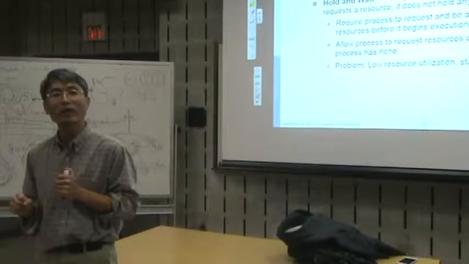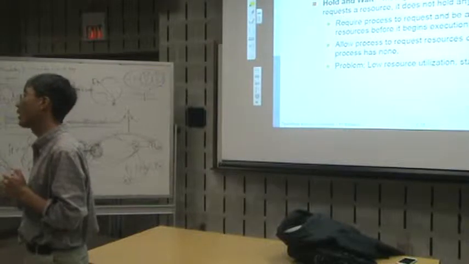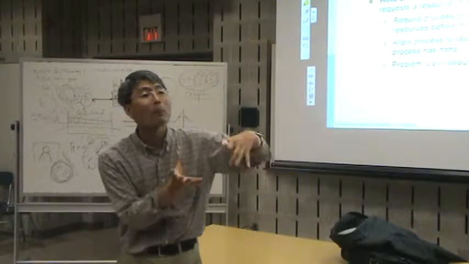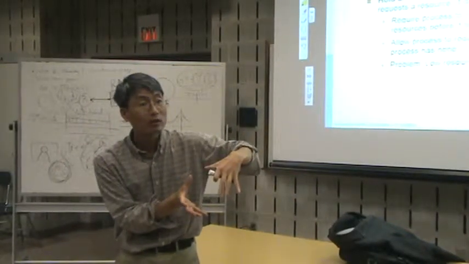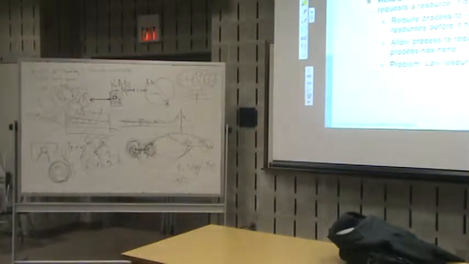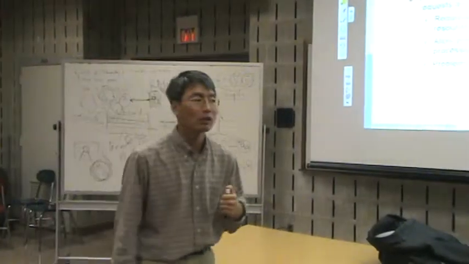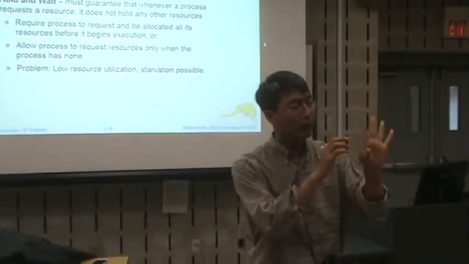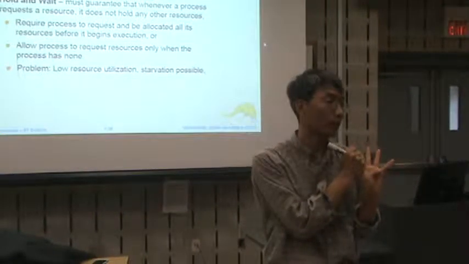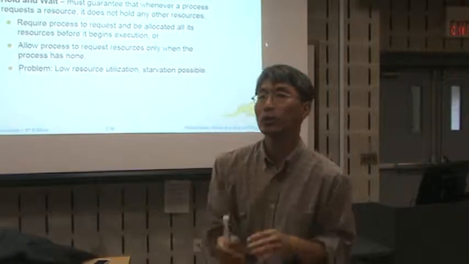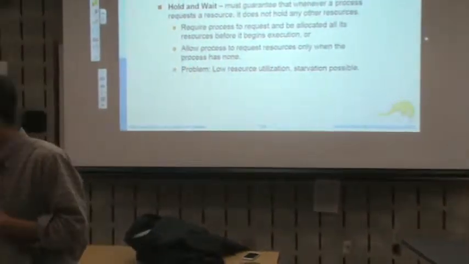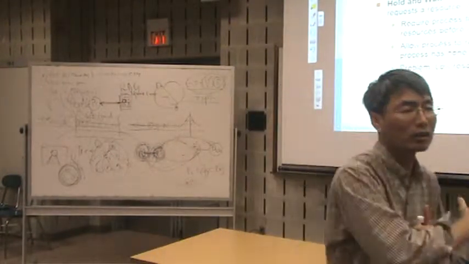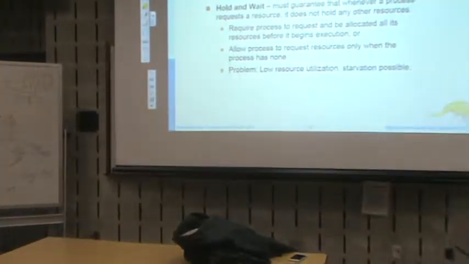The problem with this one is it will be slower and sometimes not possible to implement without holding the computer resource. That's not always possible. The third one is preemption, so you can break the third rule, non-preemptive. In other words, you can make the process preemptive, which means if somebody encounters such a problem, hold and wait or mutual exclusion, why don't you stop, cancel and restart? Okay, that is the preempt.